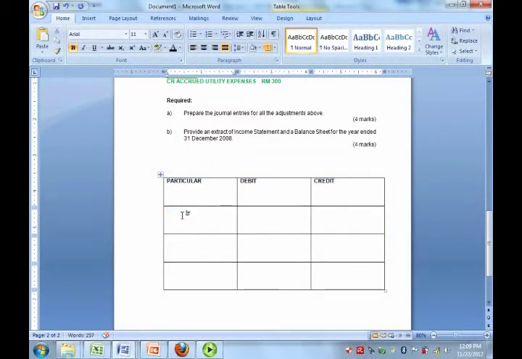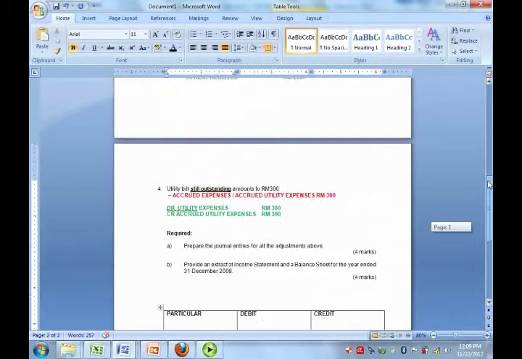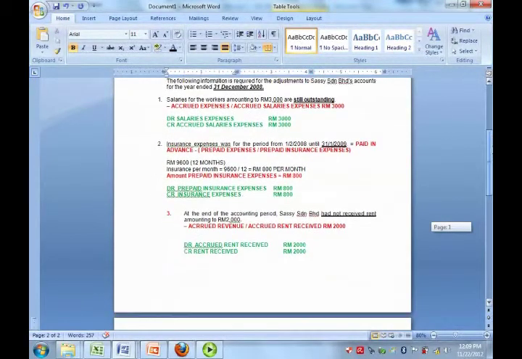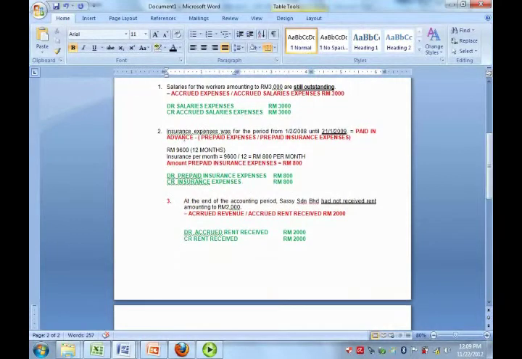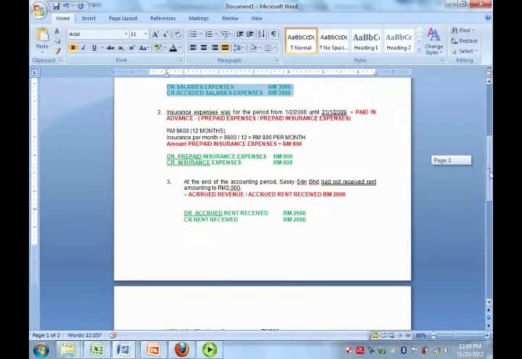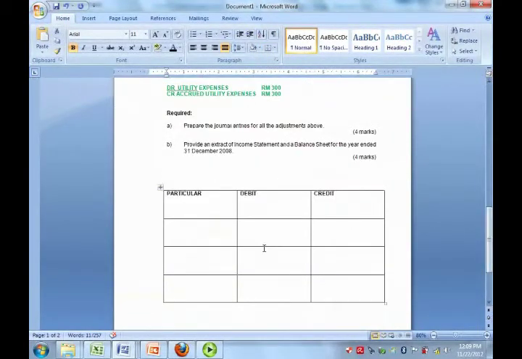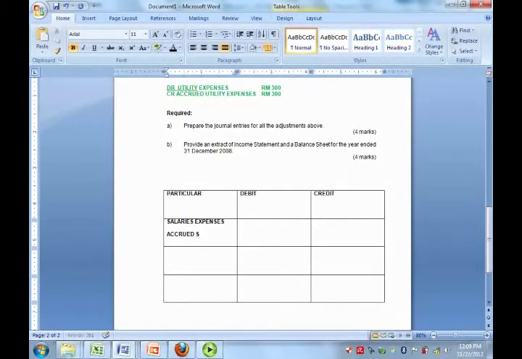So, first item as we mentioned just now, what, class? Salary expenses and accrued salary expenses.